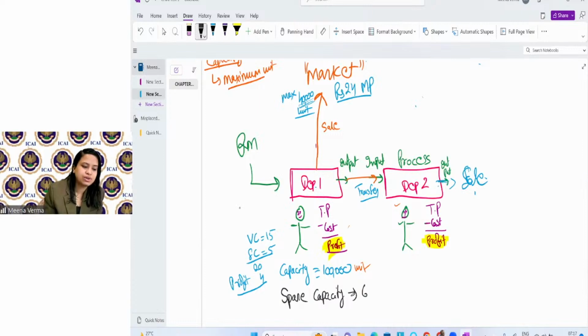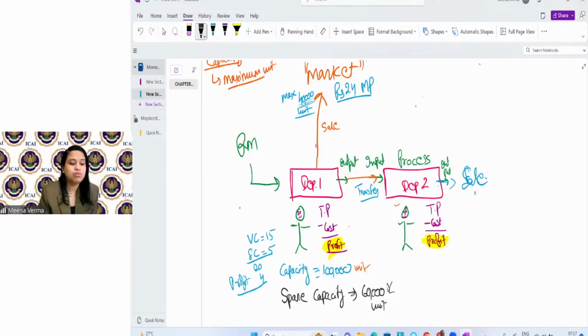For 60,000 units. Vela baitha hai, right? He has nothing to do. He is actually wasting the resources of the company if he is not producing the goods, right? So here, for 60,000 units, we can say this person has spare capacity.